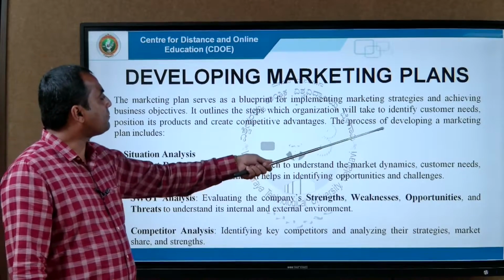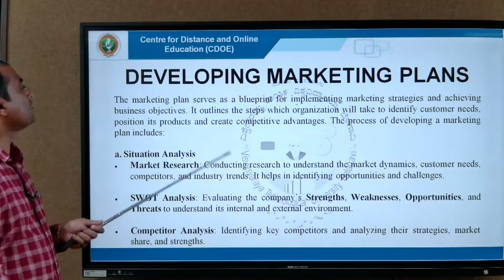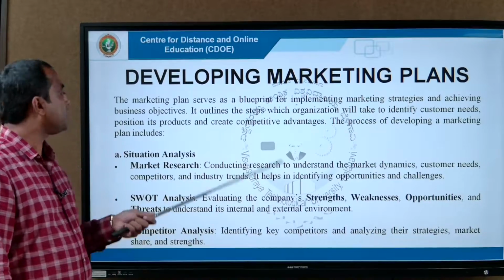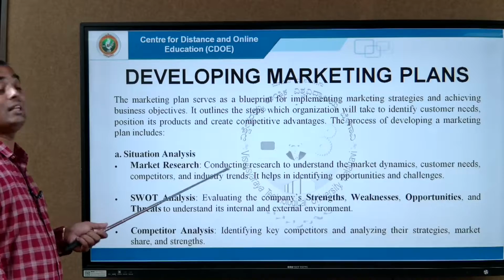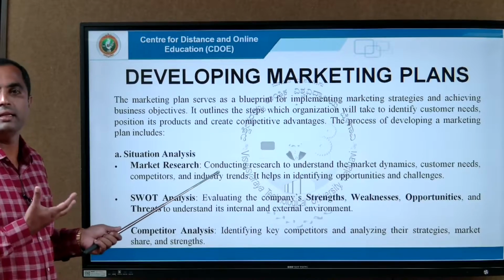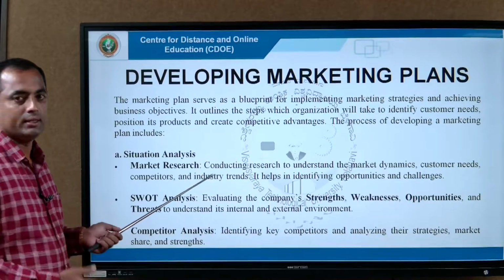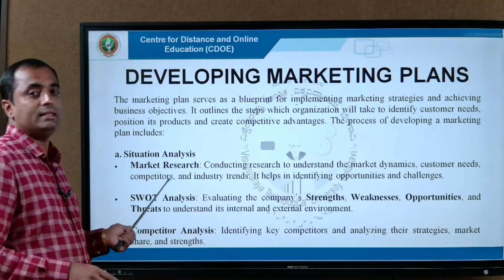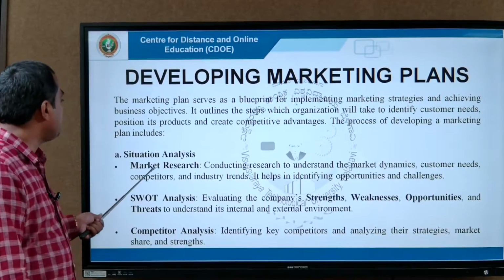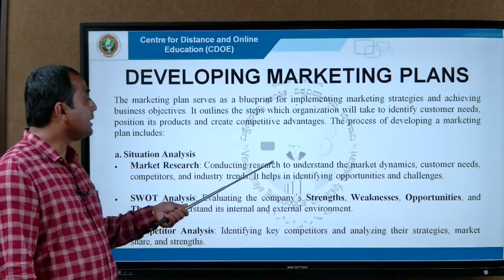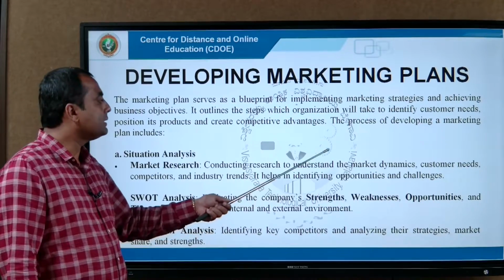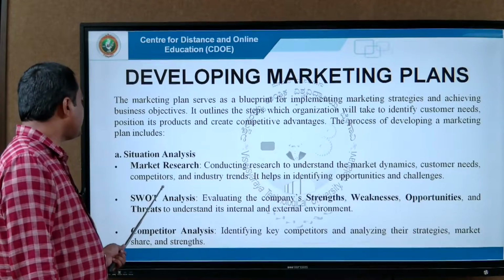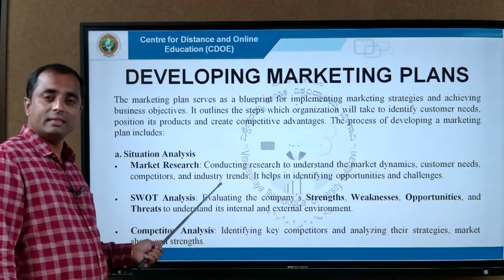The process of developing a marketing plan includes, so what are the steps involved in developing a marketing plan, situational analysis. You need to analyze the situation initially. How are you going to analyze the situation? That is basically by marketing research, conducting research to understand the marketing dynamics, customer needs, competitors and industry trends.